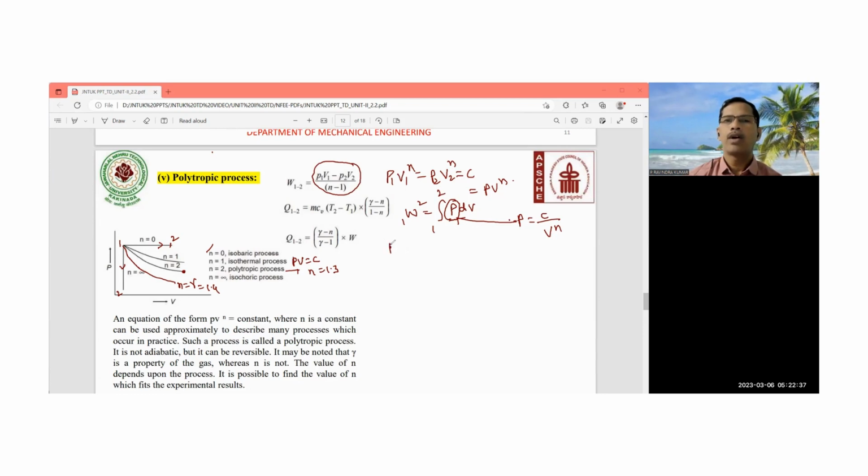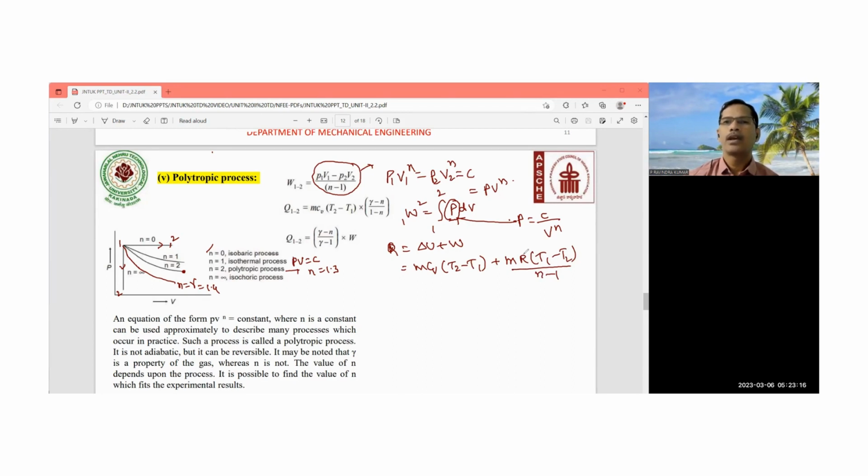Then again you have to apply the heat transfer, that is Q is equal to delta U plus W. What is this delta U? Delta U is nothing but equal to m Cv T2 minus T1 plus, in terms of the temperatures also I am going to apply, that is mR T1 minus T2 divided by n minus 1, right?